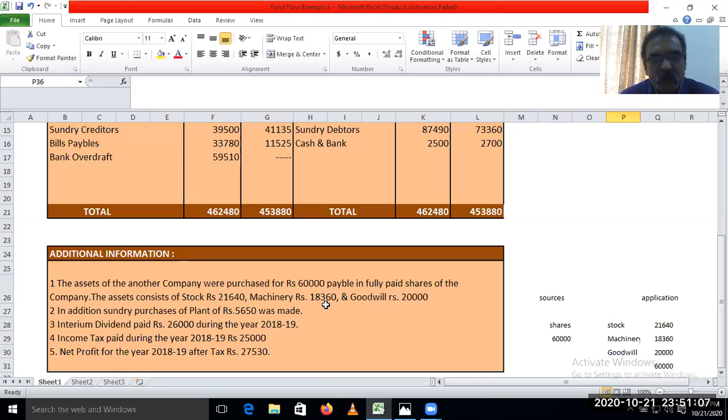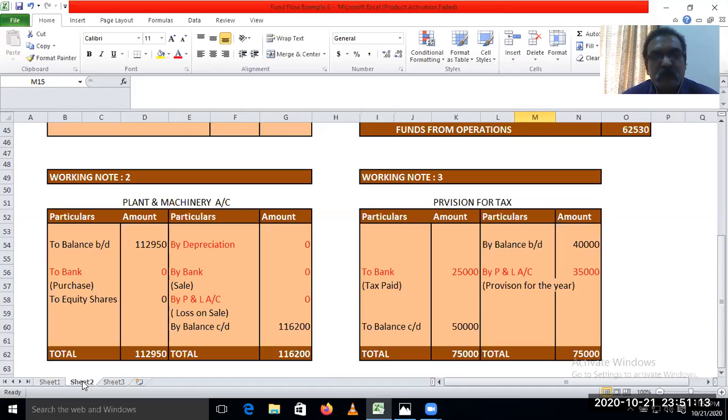So what will be the accounting entry for this one? That is machinery account debit to share capital account. So it means machinery account will be debited by rupees 18,360 and it will be credited to share capital account. So there I have written it as 2 equity shares. This is a real account, debit what comes in.